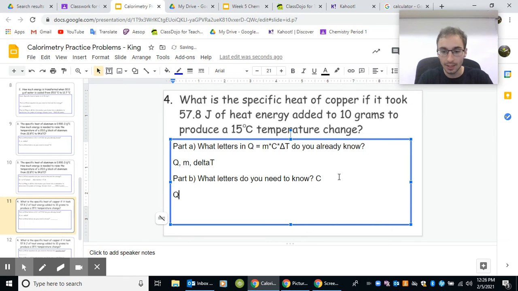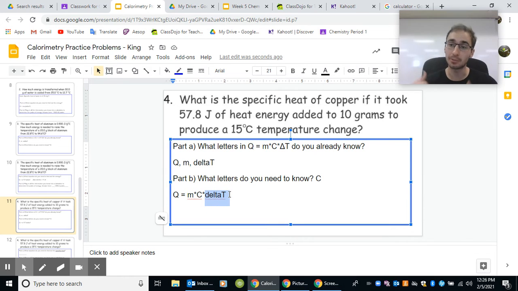Now I have to manipulate the equation. The original equation is Q equals M times C times delta T, but I need to find C now, not Q. So I need to get C all by itself, and to do that I need to do algebra. Since the M and the delta T are attached to the C by multiplication, I need to do the opposite to get C by itself.